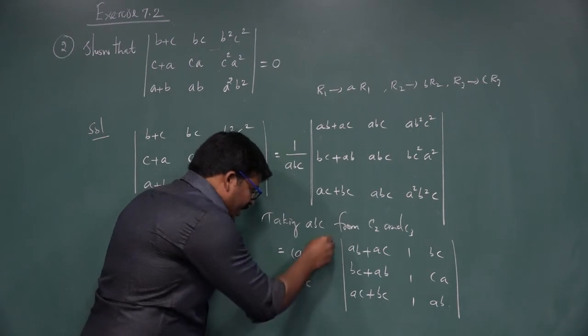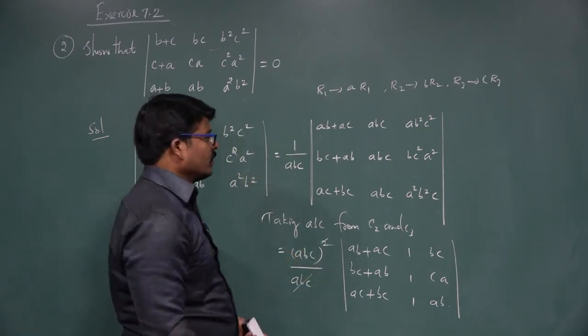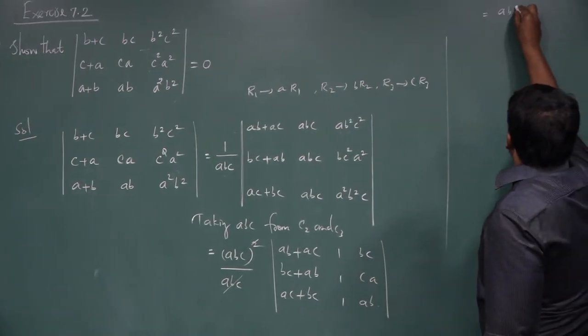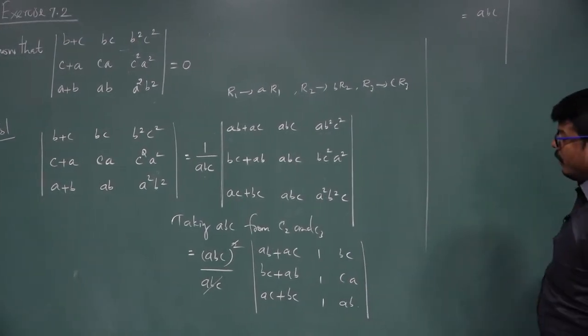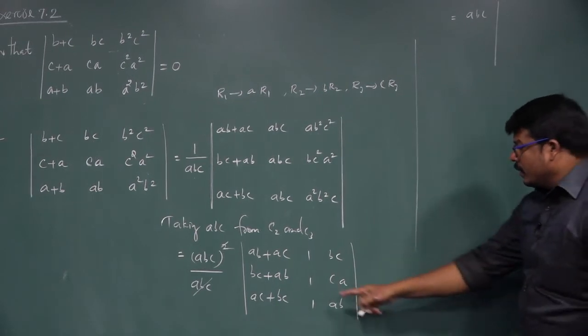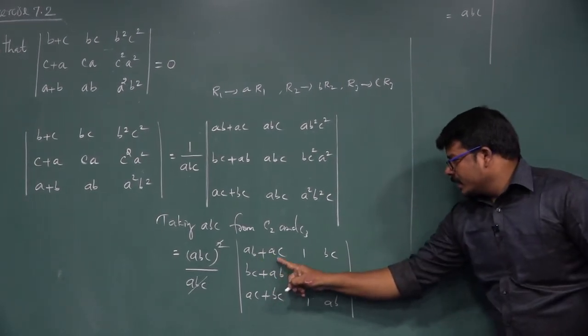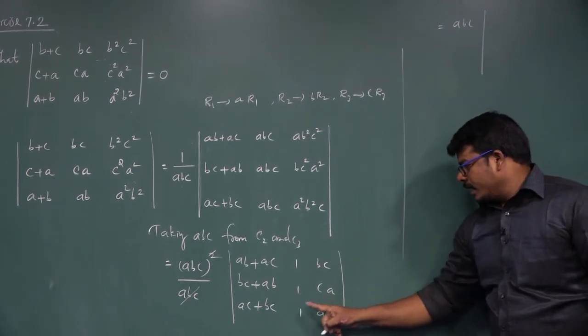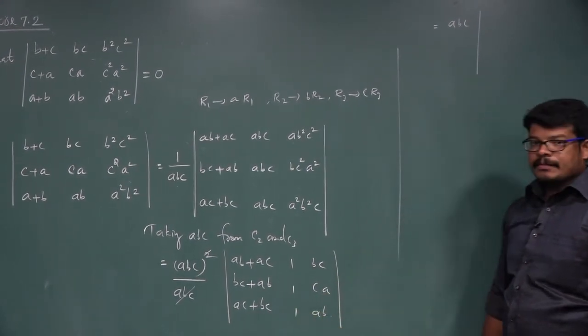Now ABC cancels, and it equals ABC into the determinant with rows AB plus AC, 1, BC; BC plus AB, 1, CA; AC plus BC, 1, AB.